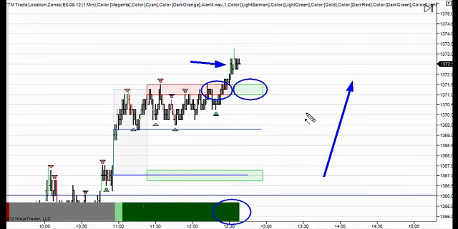So the most likely, or what we call the confluence trade, is just to look to be getting long somewhere around this green zone, maybe a tick or two above it. That's the thought process at this point.